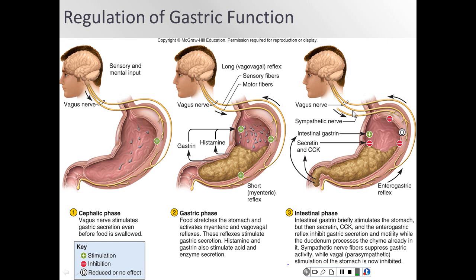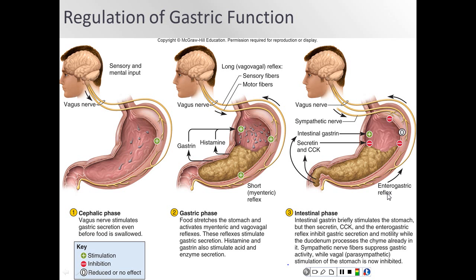So here's our vagal nerve nuclei. They're going to inhibit, reducing the vagal stimuli, and then we have the sympathetic neurons. They're stimulated, sending inhibitory signals to the stomach, basically telling it to stop.